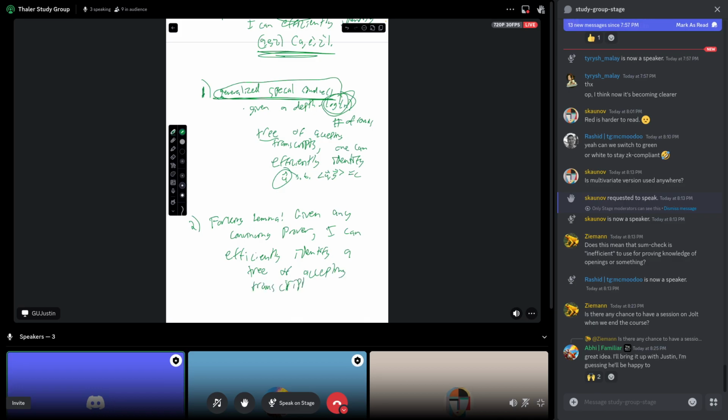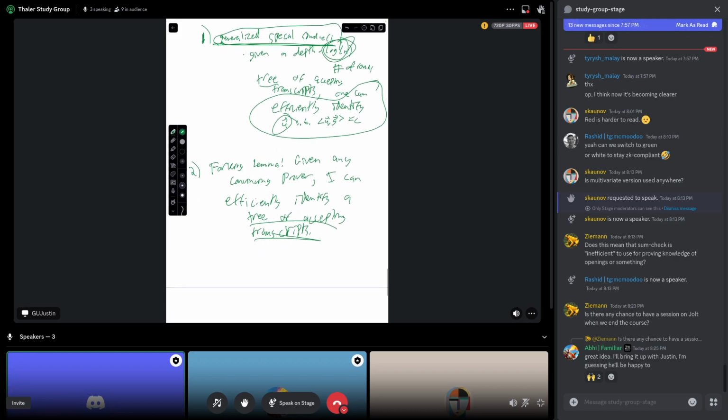You put these 2 things together and conclude that Bulletproofs is indeed knowledge sound. If there's any convincing prover, the knowledge extractor can run the prover a bunch of times to get this tree of accepting transcripts. Then, given the tree, by generalized special soundness, I can efficiently identify a witness.